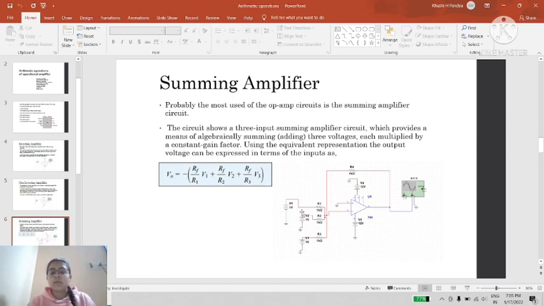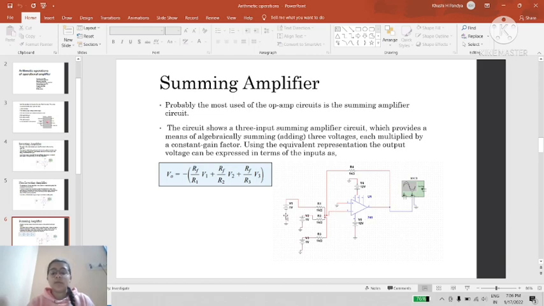By theoretical analysis, we got the output voltage formula like this: minus (Rf upon R1 into V1 plus Rf upon R2 into V2 plus Rf upon R3 into V3). Here R4 resistor is denoted as the feedback resistor, and we have connected the output voltage with a CRO so that we can see its waveform.